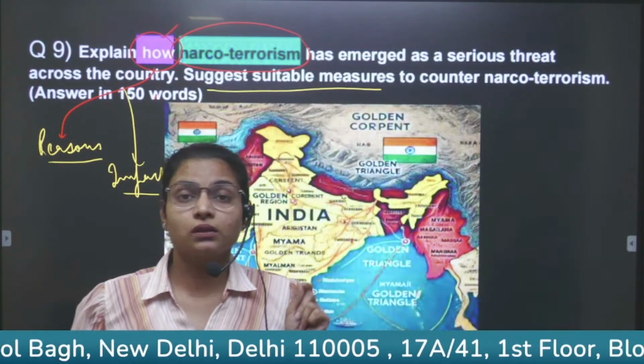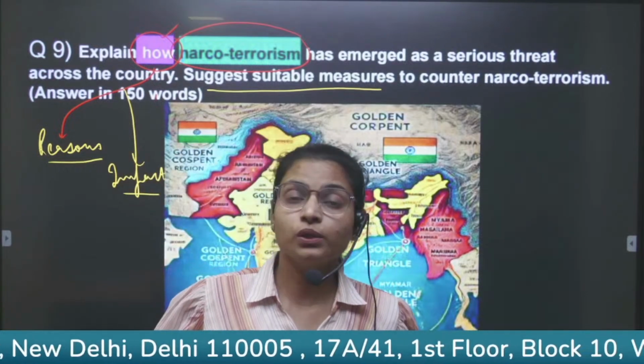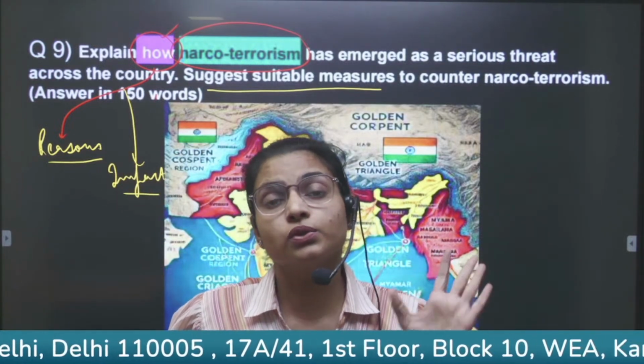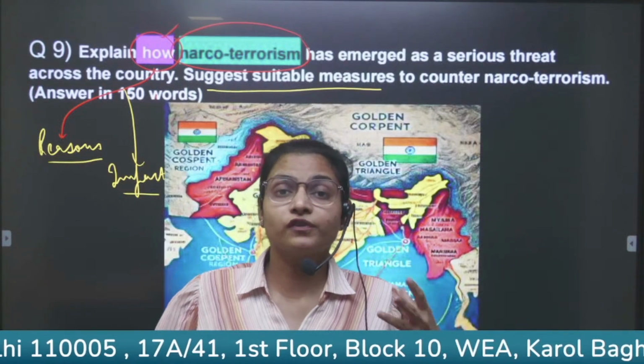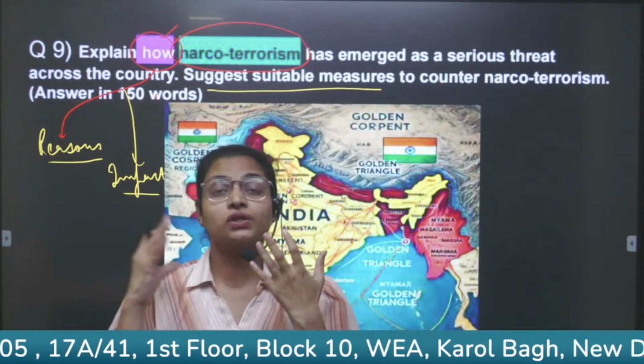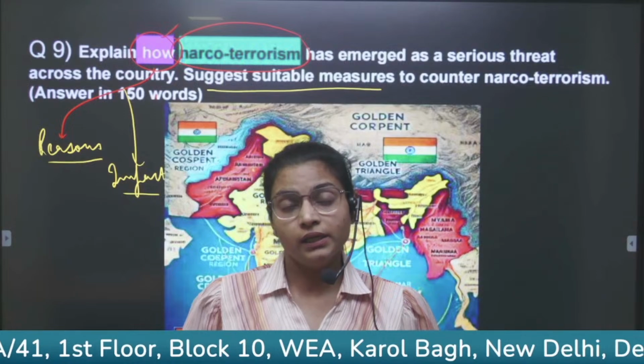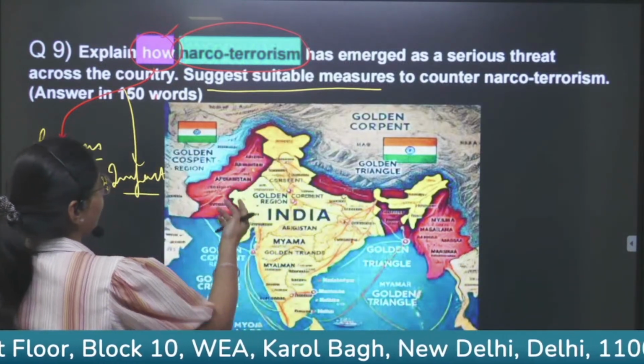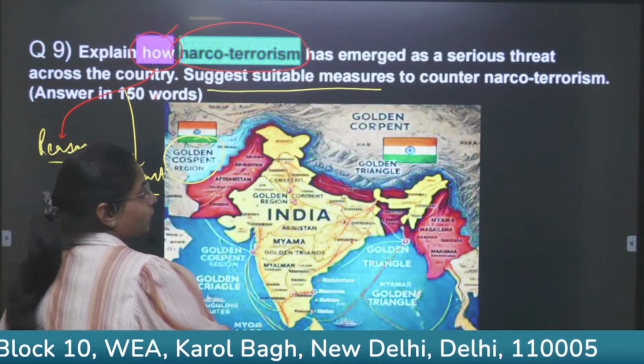Also, in internal security, I recommend you always make use of maps, because with maps you can show major threats for India. For example, on a map you can show the Golden Crescent and the Golden Triangle.